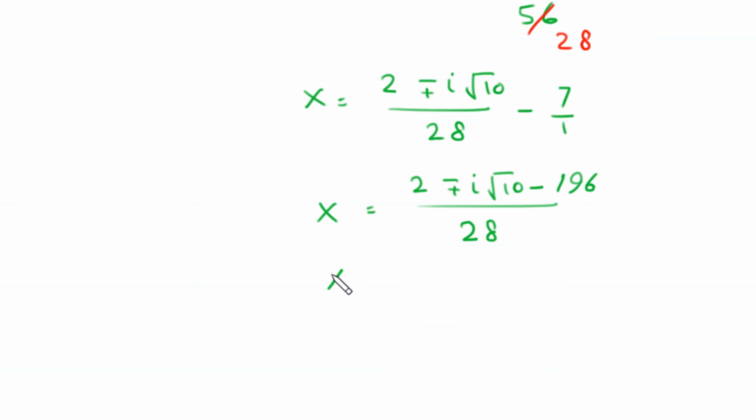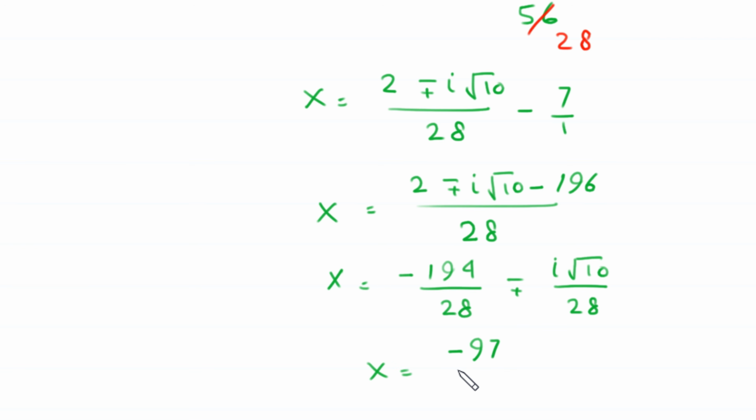Further simplify, this will become x is equal to negative 194 over 28 minus or plus i times root 10 over 28. Next, x is equal to negative 97 over 14 minus or plus i times root 10 divided by 28.